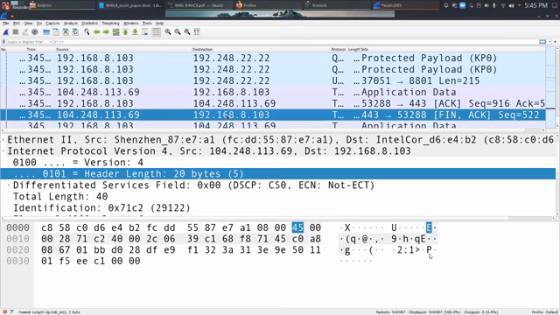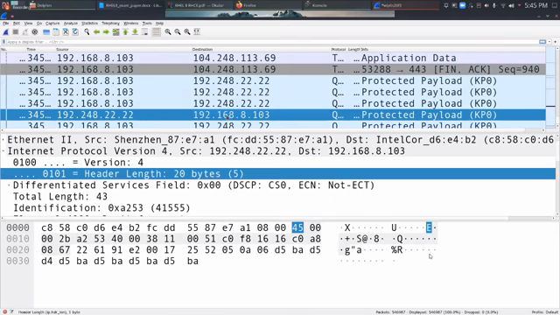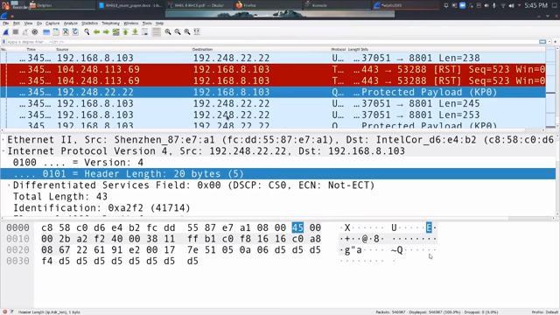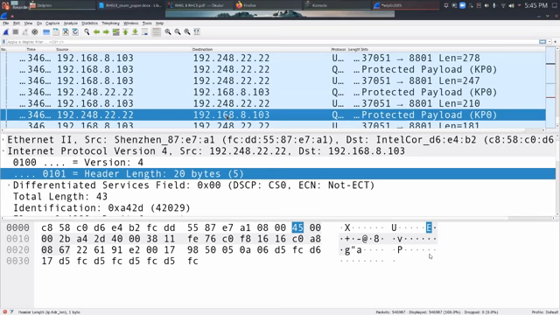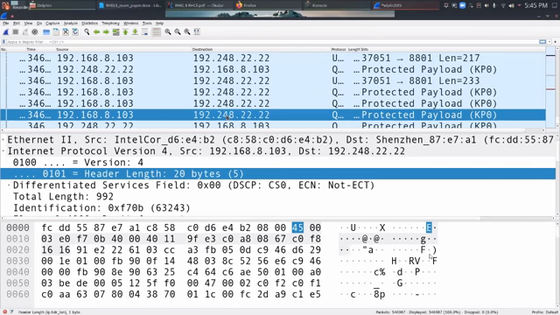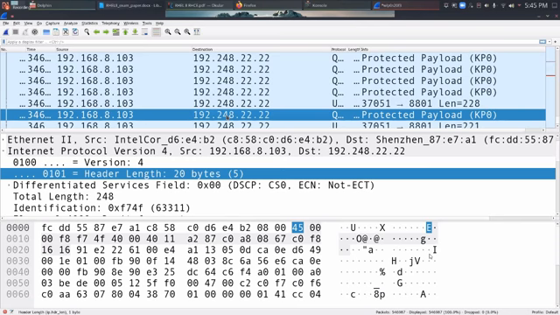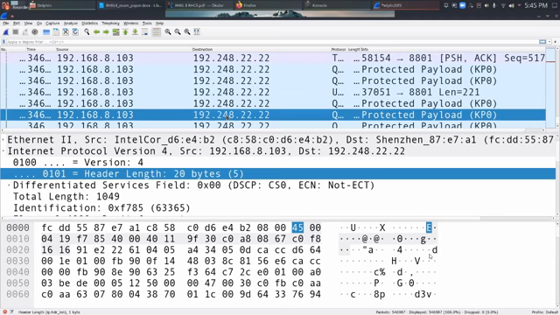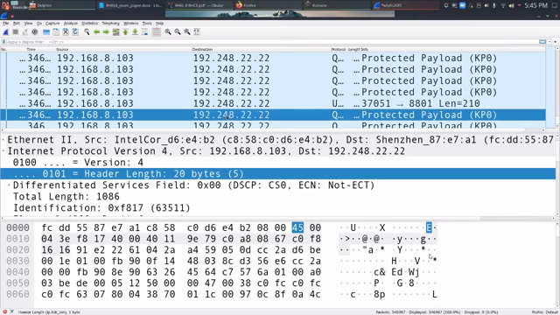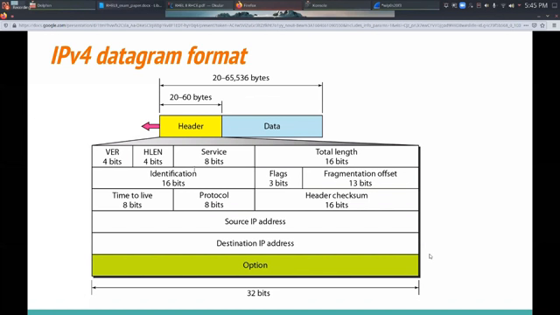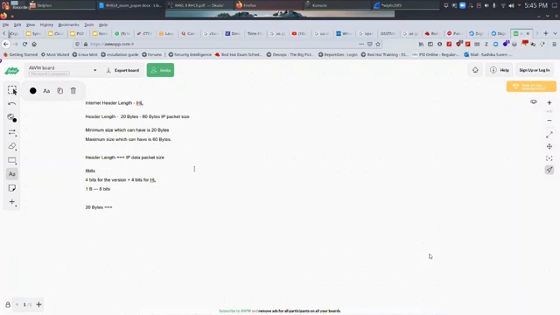Let me show you. Say we are going to store 20 bytes of data.